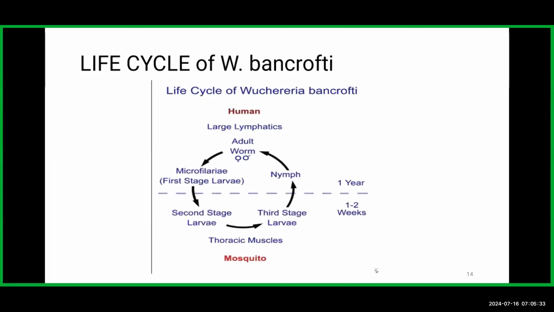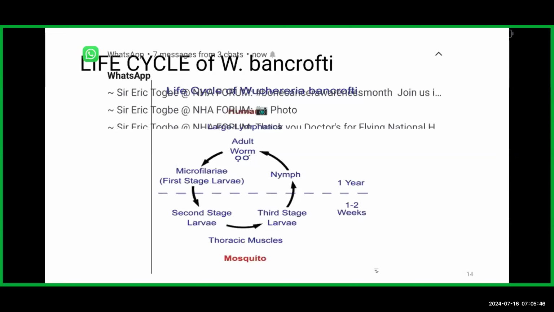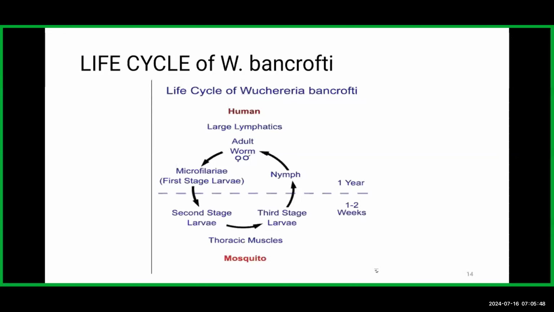In the mosquito, the thoracic muscles develop the second stage, and then the third stage larva is what is deposited when the mosquito takes a blood meal and infects another individual. It then develops to the nymph and then to the adult worm, which migrates to the lymphatic vessels.